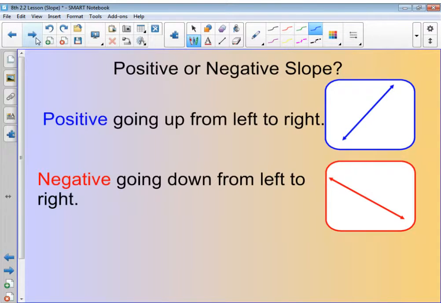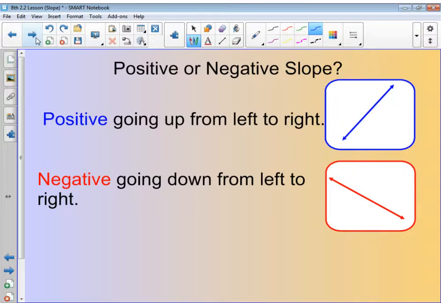Okay, so before we get too far into this, we do need to review from last year what a positive slope looks like versus a negative. You identify if it's positive or negative by looking at the line itself. If it's going from left to right in an upward fashion, like this blue line, that would be considered a positive. I often think of a bank account.